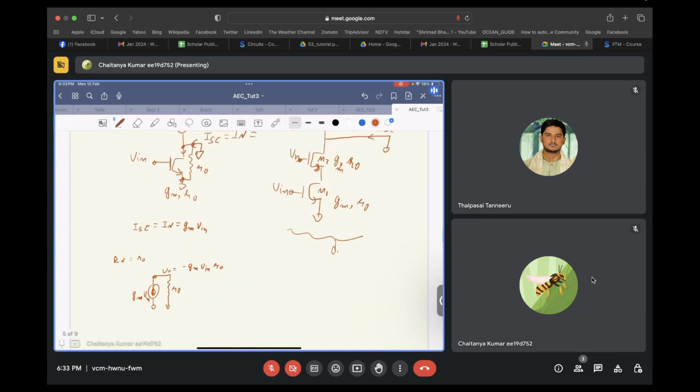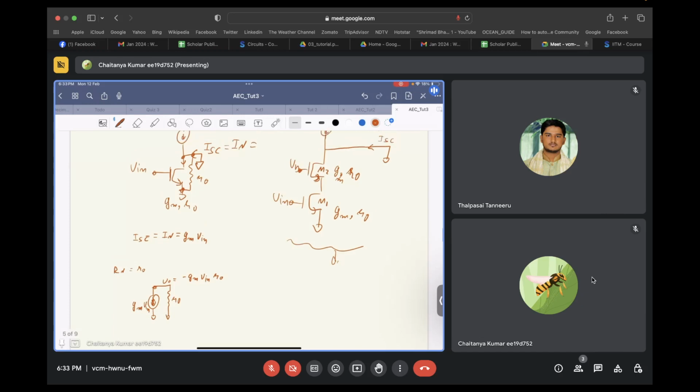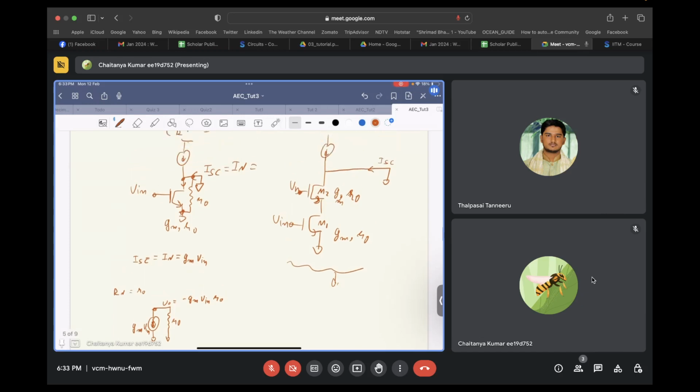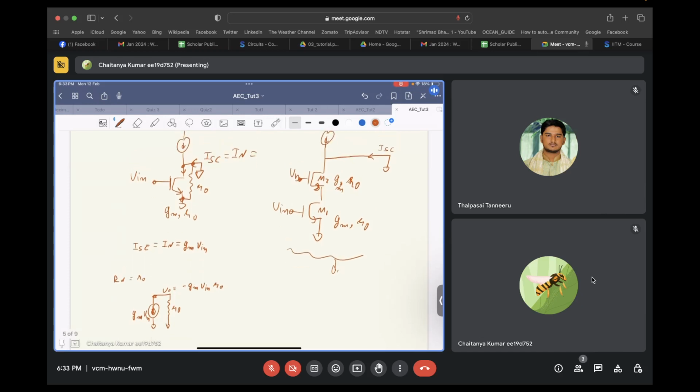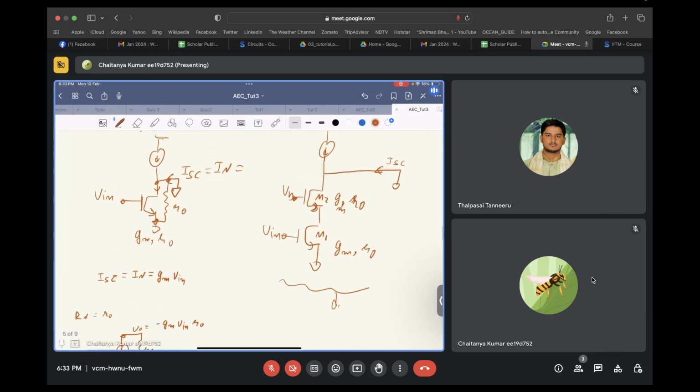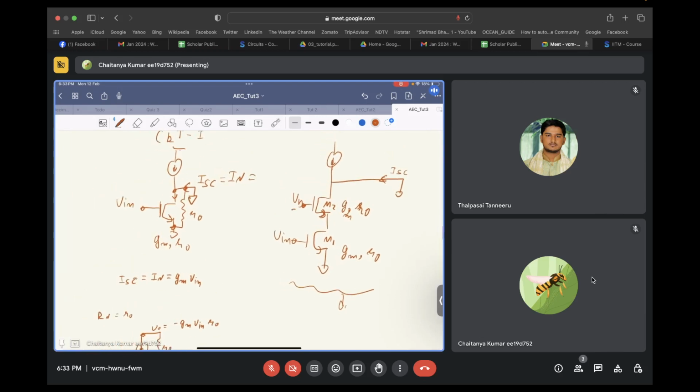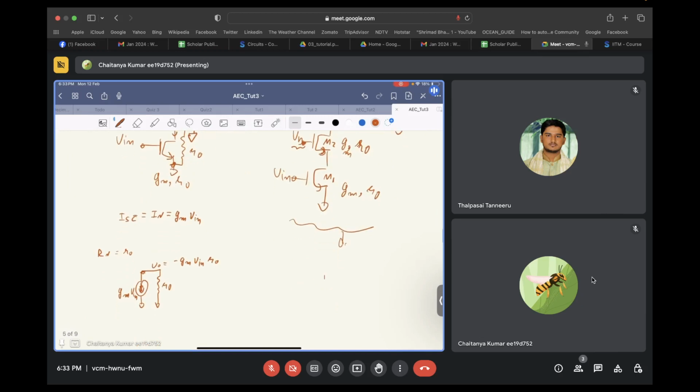We were discussing what is the gain in this particular circuit. Okay. So let's say, what is the short circuit current in this? Now, the biasing voltage VB is basically a biasing voltage. So in small signal analysis, this particular terminal will become ground. So we will have over here ISC.